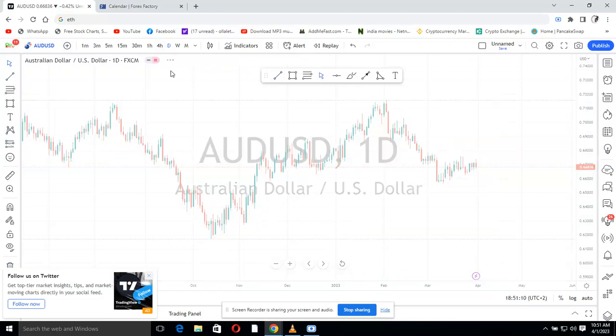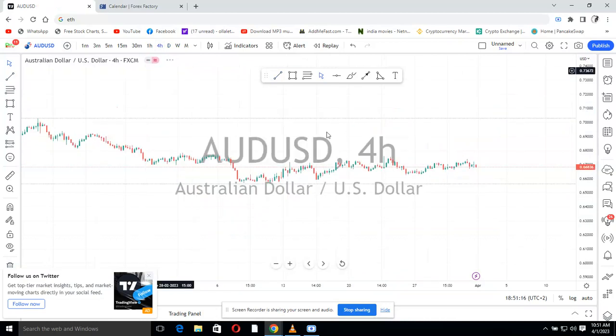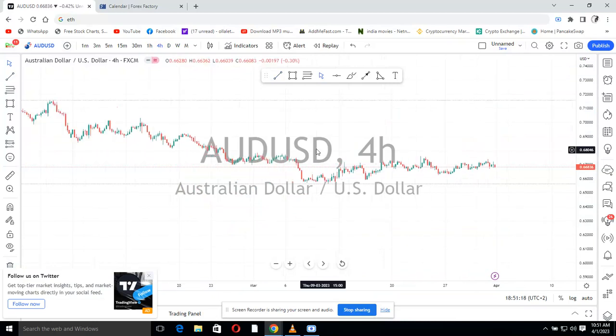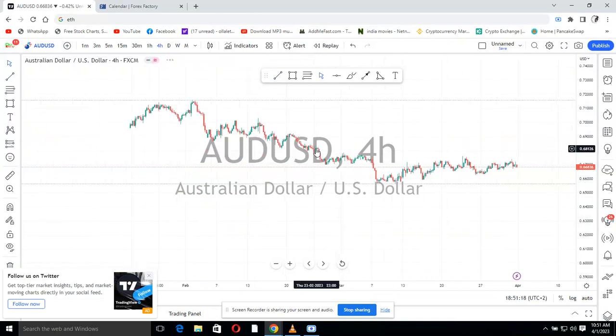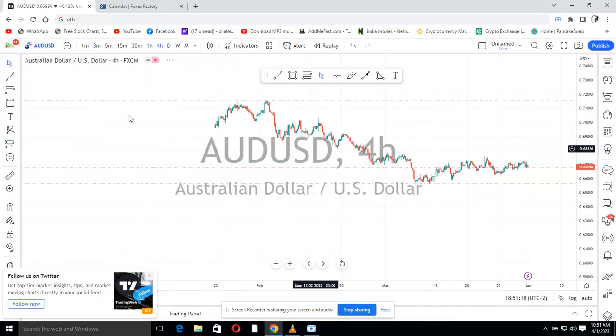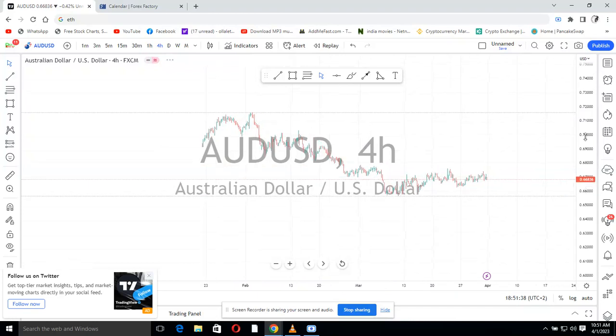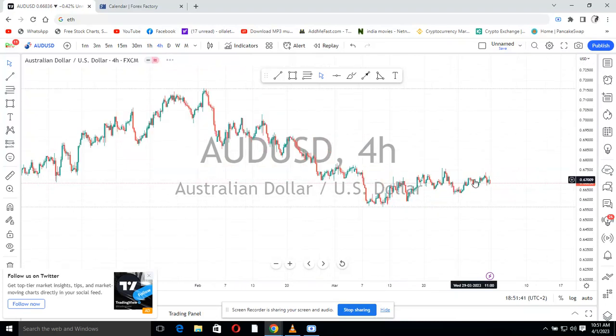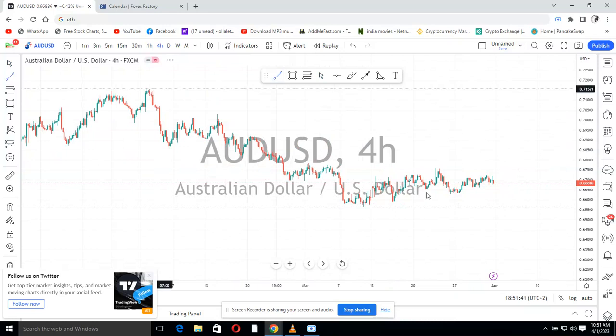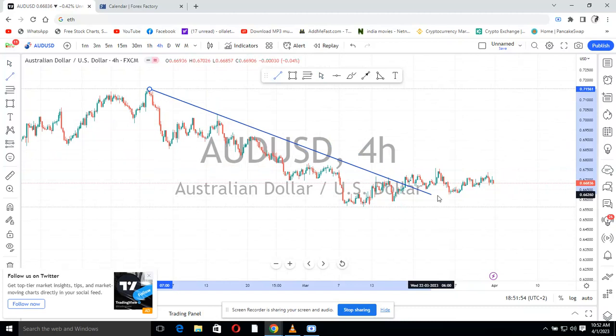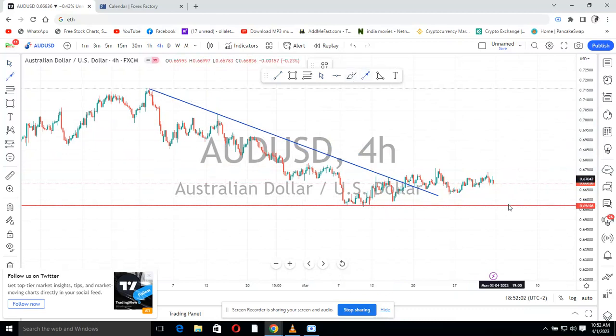Let's check 4-hour time frame. That's USD, then sell USD.